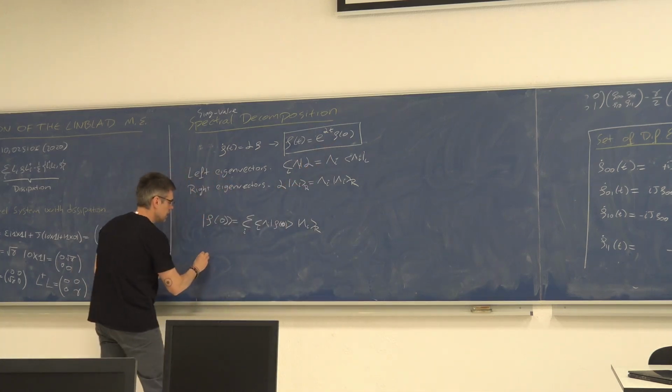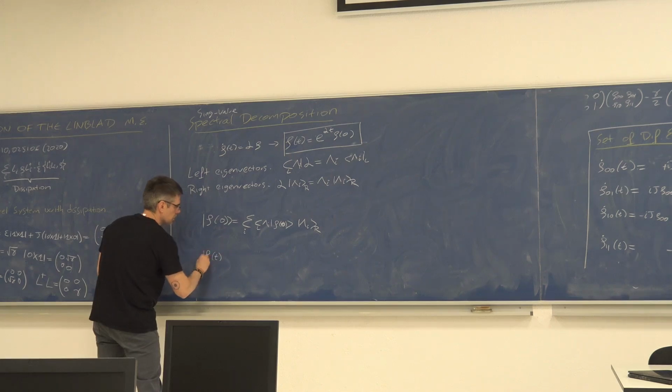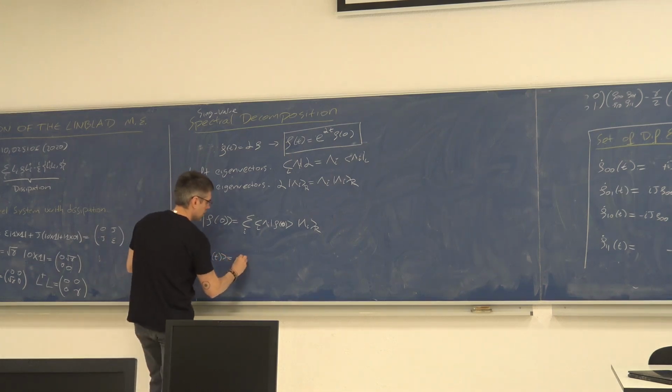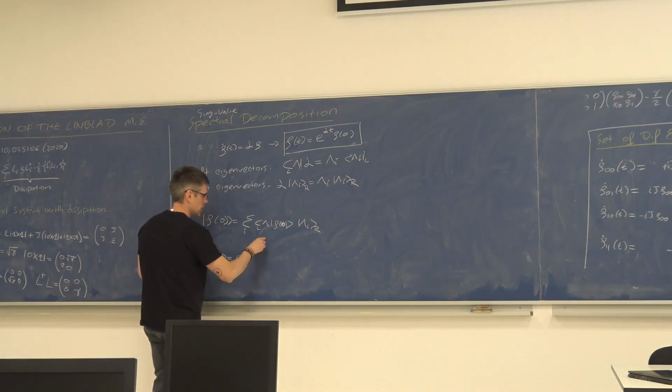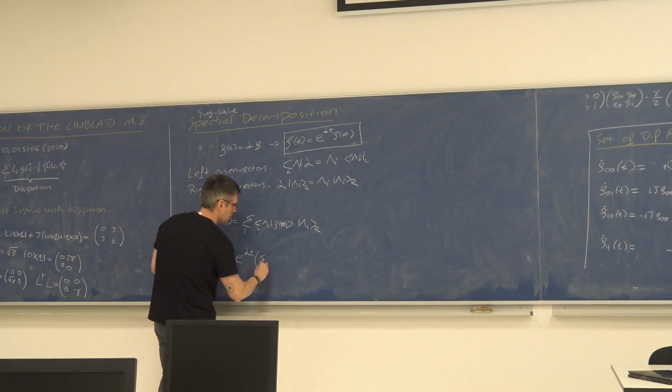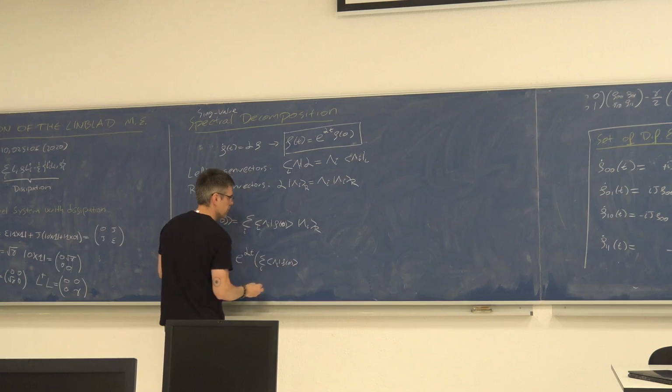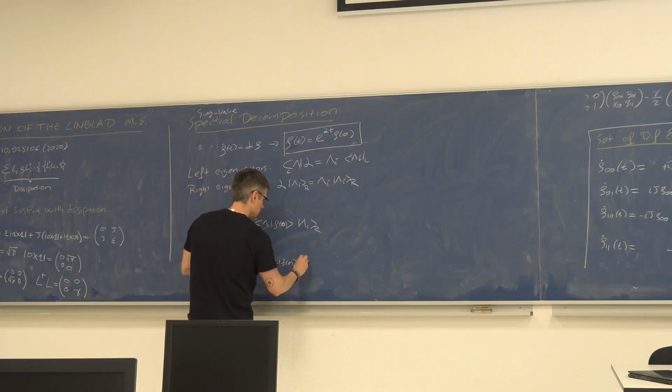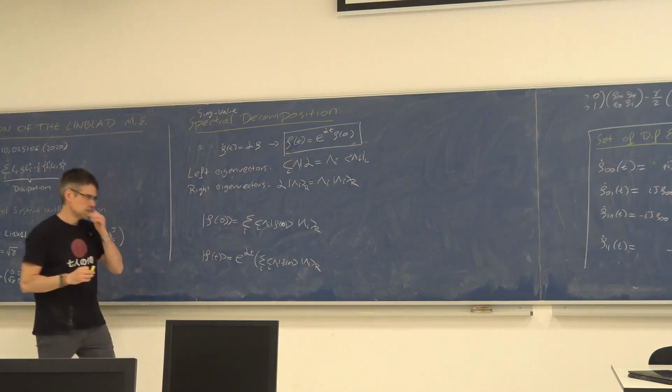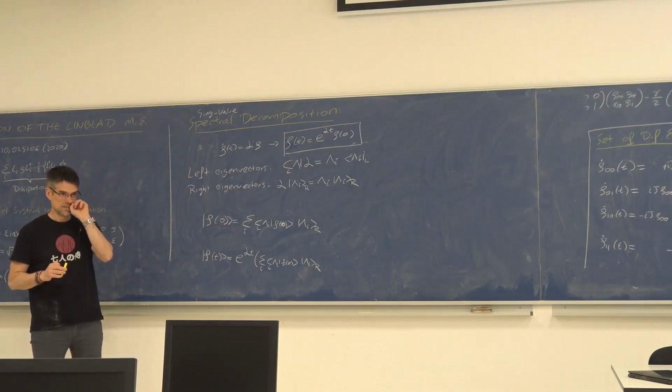So our rho of t, in vector form, will be exponential of t times the Liouvillean, applied to rho_0. This is left, and this is right. Okay?